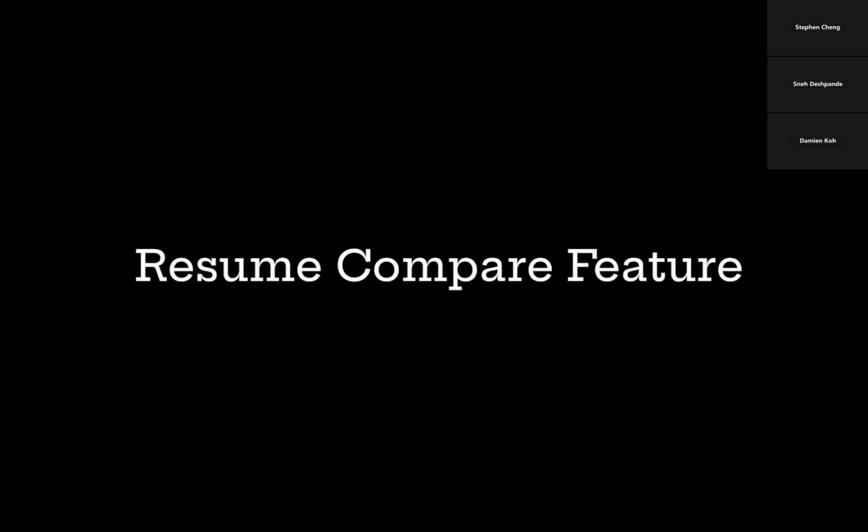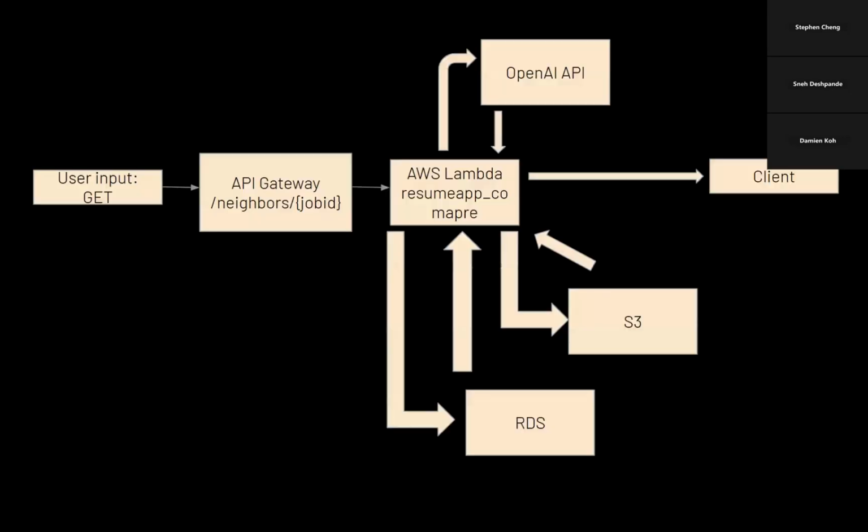So the next feature is the comparing feature, which basically compares the user's resume across the other users in our database. And the flowchart for this shows that the client makes a GET request, which goes to the API gateway, and the client provides a job ID.